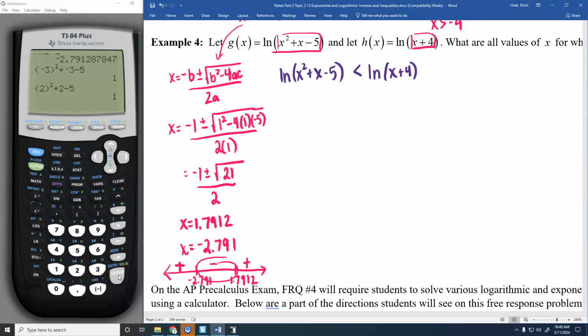So at the beginning, we're going to have to solve this. We haven't even really started solving the equation yet. This is just our domain. But when we start to do a sign line, we know that we can't have anything below negative 4. And between negative 2.791 and 1.7912, we can't have anything there either.